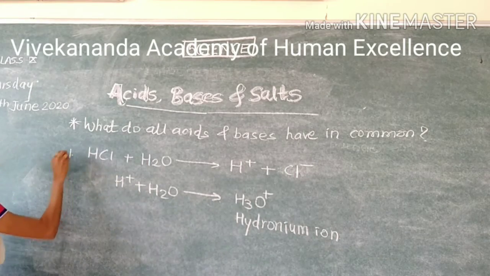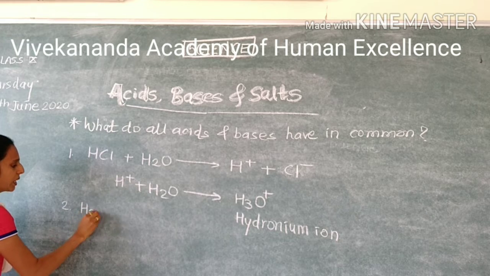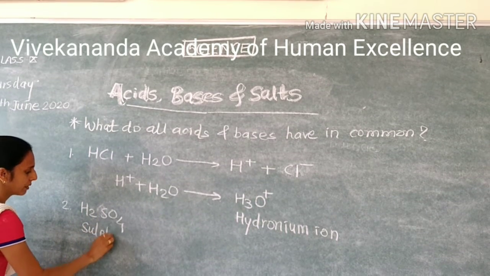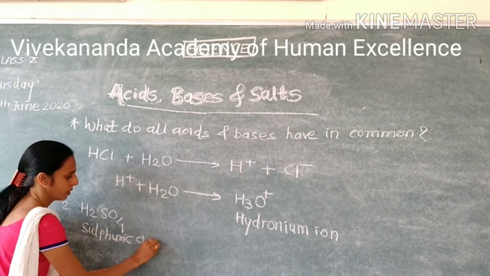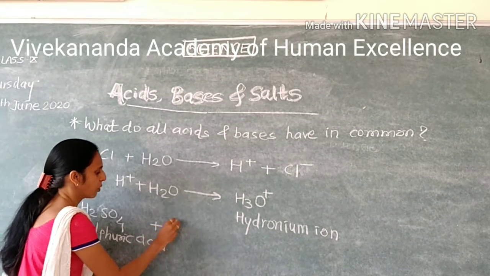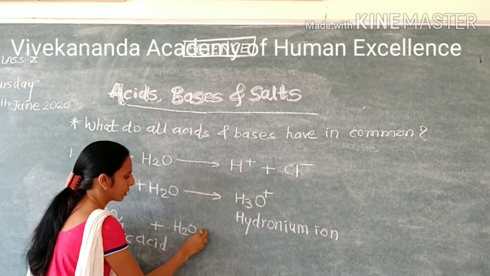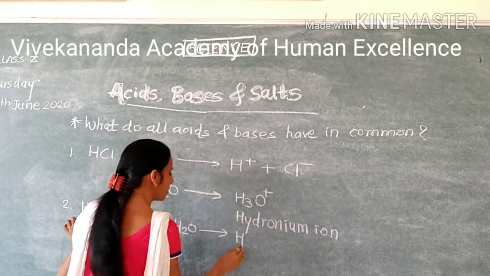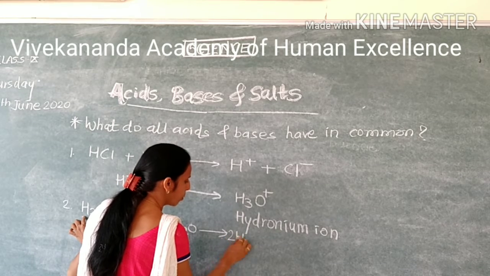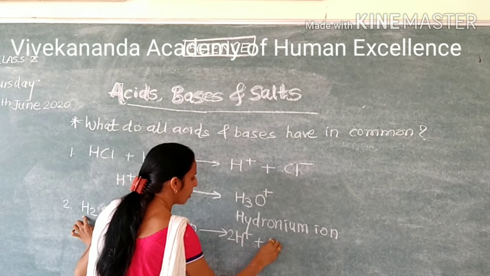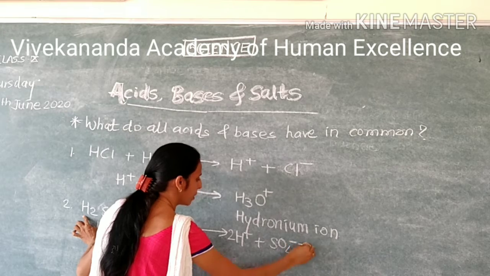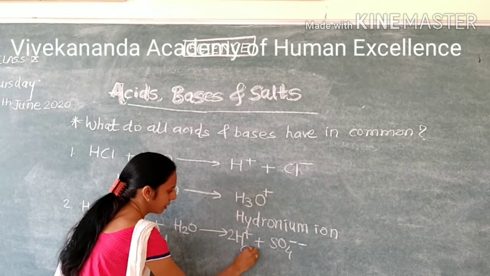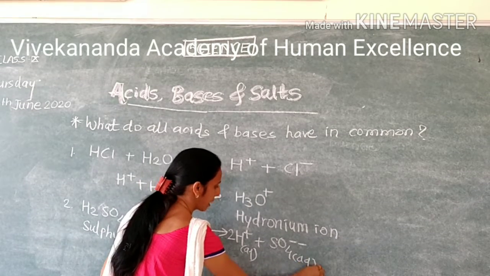Suppose we take the second example, sulfuric acid, H2SO4. Sulfuric acid, when added dropwise into the water, also changes into 2 H plus and SO4 double minus. This H plus is in aqueous form.